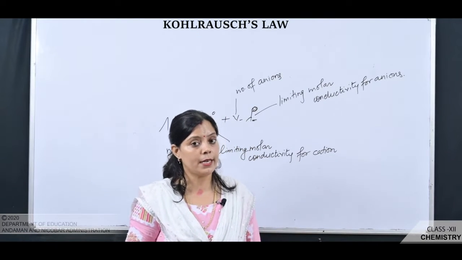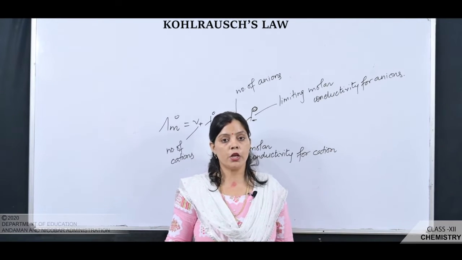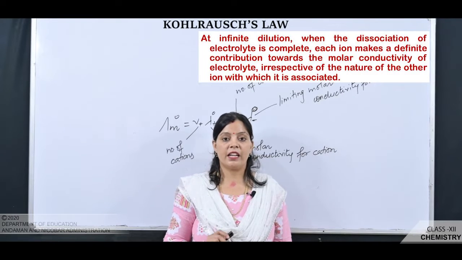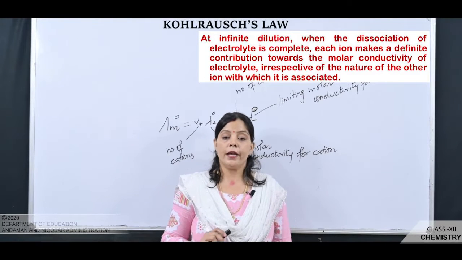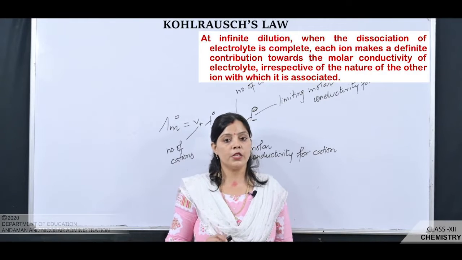This law states that at infinite dilution, when the dissociation of the electrolyte is complete, each ion makes a definite contribution towards the total molar conductivity of the electrolytic solution, irrespective of the nature of the other ion present in it.